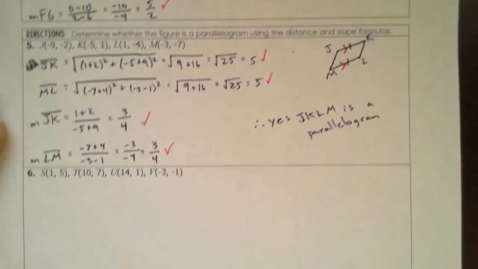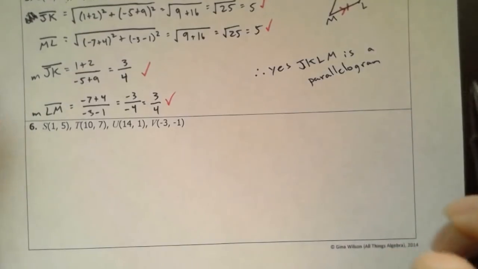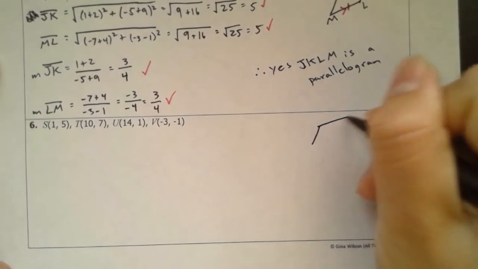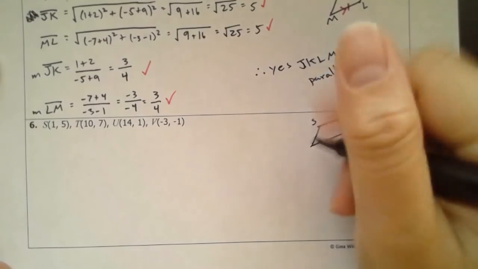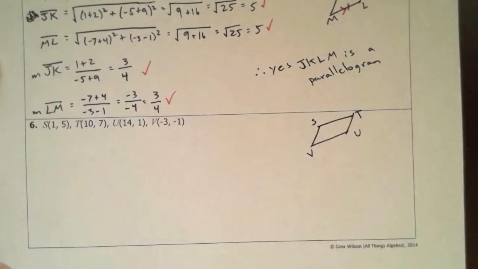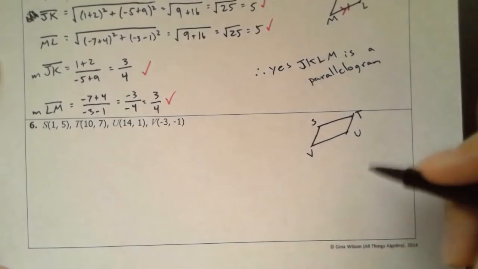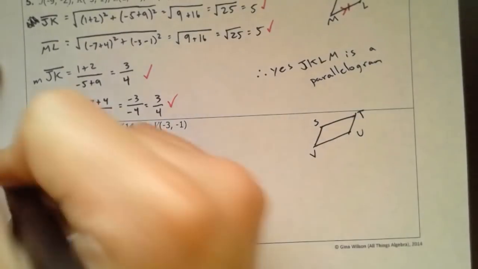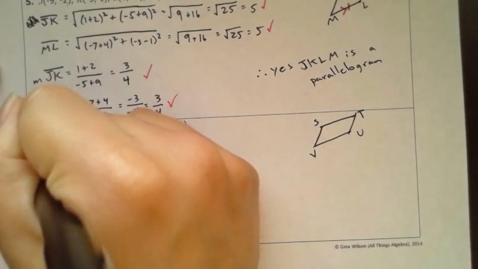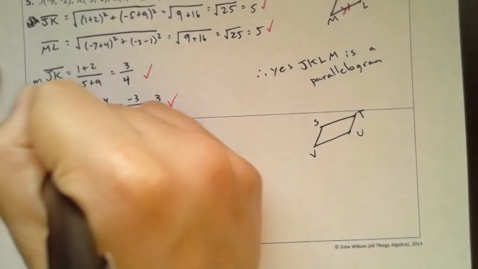Finally, last one here, same idea. Let's draw out a parallelogram. We have S, T, U, V. Let's just pick top and bottom. Let's check that ST is equal to VU. So we use the distance formula.